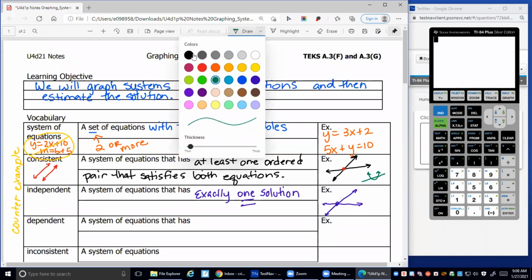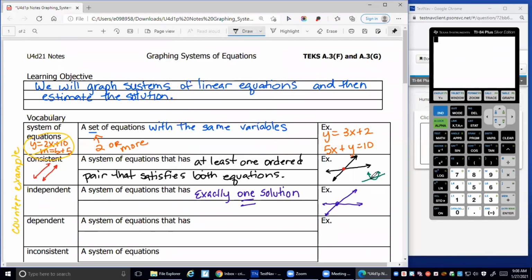How many solutions does this have? Type it into your chat or tell me. Okay. Very nice. Good. It has two, one right here and one right there. But is it independent? So this is an example for consistent.